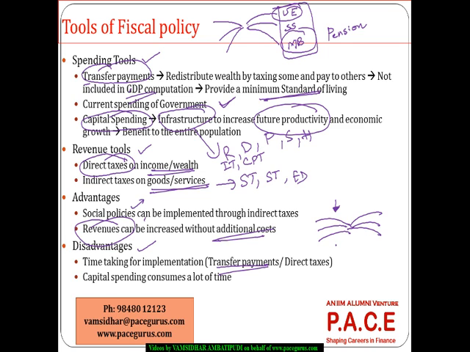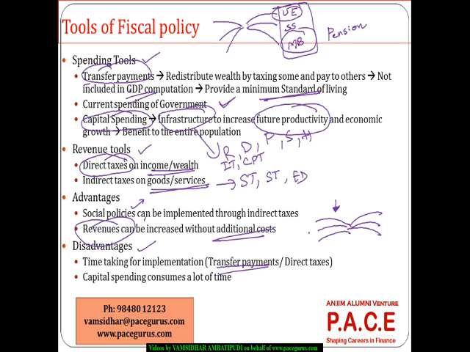They have to be planned. These are all ample time taking activities. So the government has to make sure that it is able to implement them effectively in a pre-specified time frame. Even with the direct taxes, collecting the taxes is a very big time taking activity.